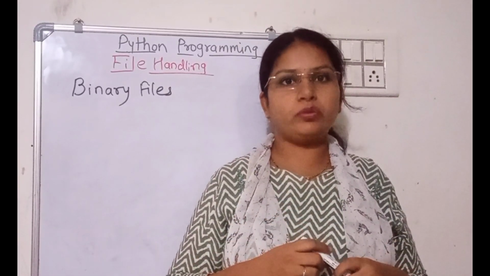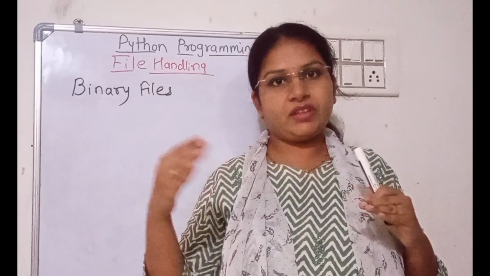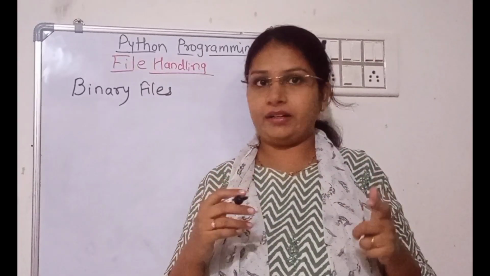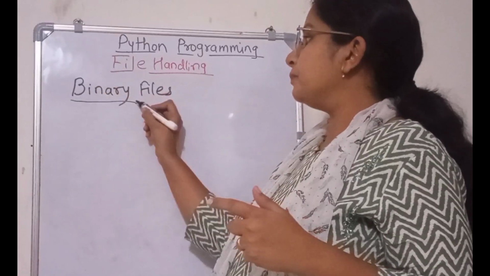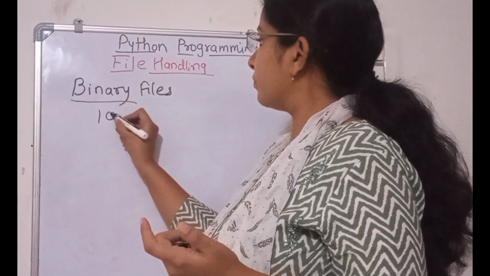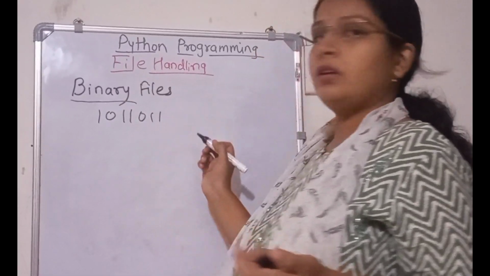So how we can do that? Before starting with the file handling concept, first we need to understand what is the binary data. Now binary files, you know the bit and byte form, 1 0, right?